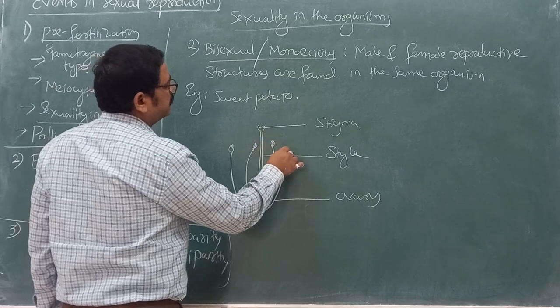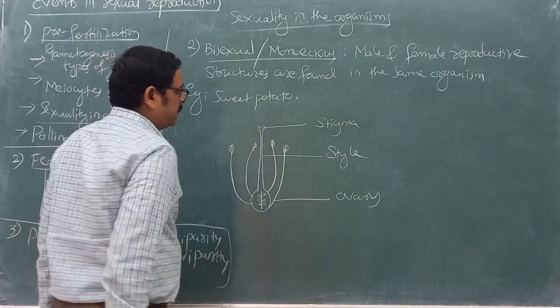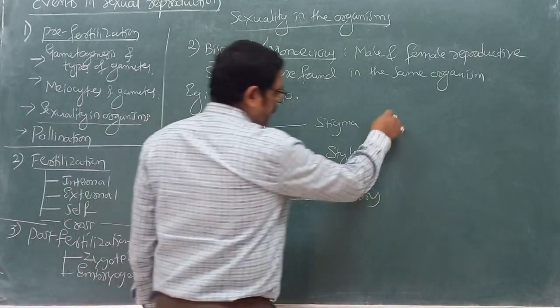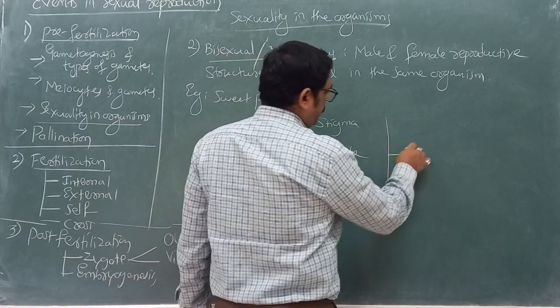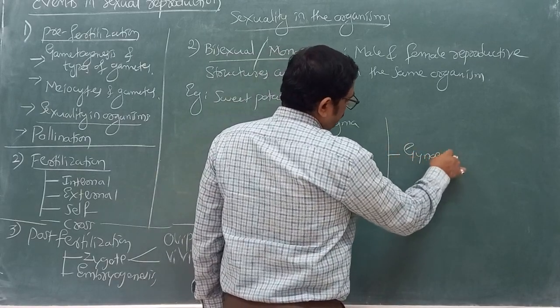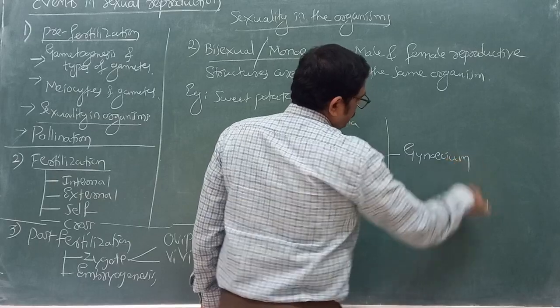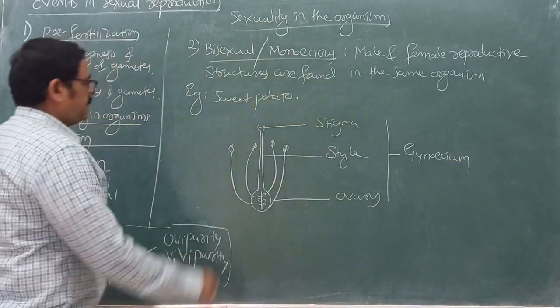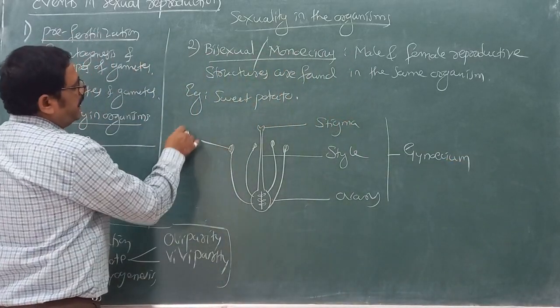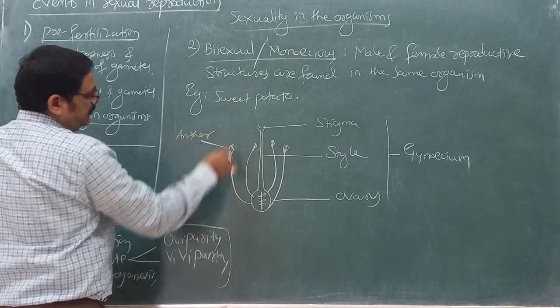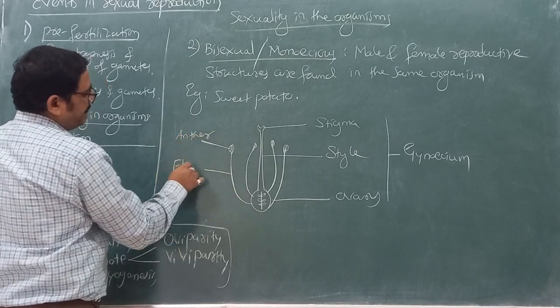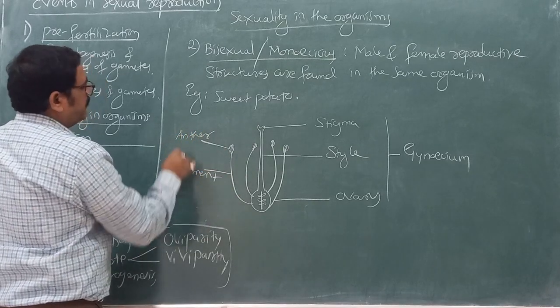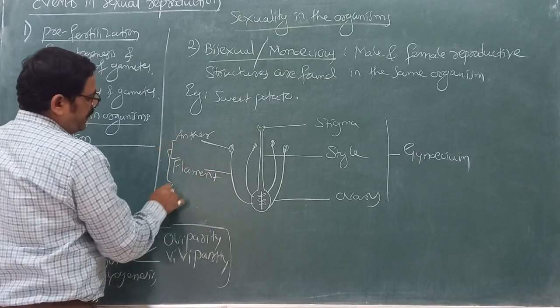What do we call them? Anthers. So stigma, style and ovary together are called the gynoecium. This is the anther and the filament; together they are called the androecium.